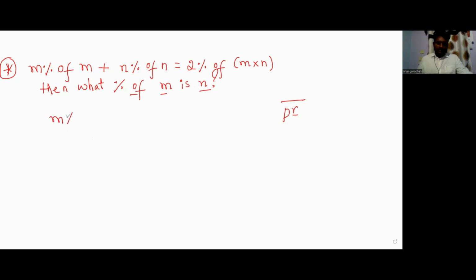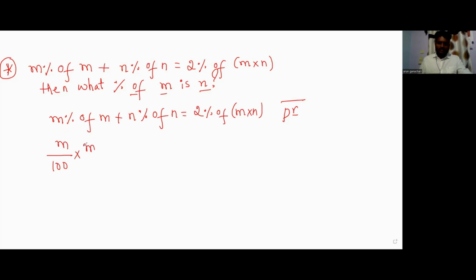What is that equation they have given? M% of M plus N% of N is equal to 2% of M cross N. M percentage can be written as M by 100, so M by 100 into M plus N by 100 into N plus 2 by 100 into MN.